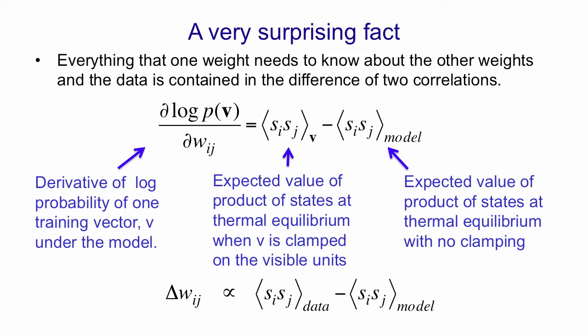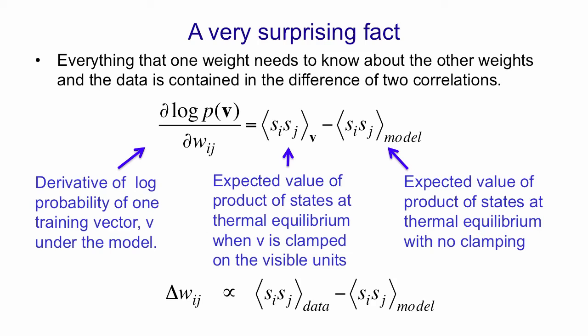But if you just use that rule, the synapse strengths will keep getting stronger, the weights will all become very positive, and the whole system will blow up. You have to somehow keep things under control, and this learning algorithm is keeping things under control by using that second term. It's reducing the weights in proportion to how often those two units are on together when you're sampling from the model's distribution.